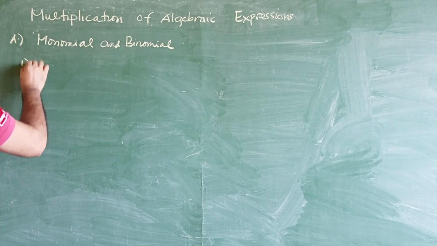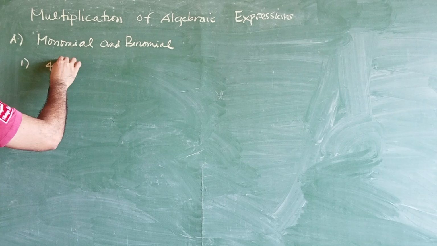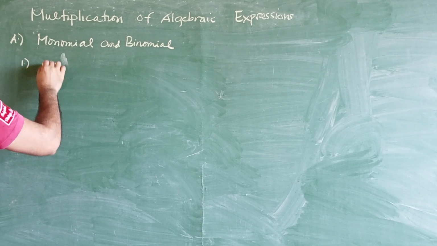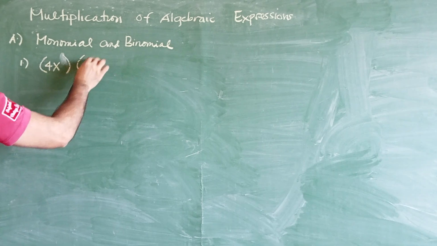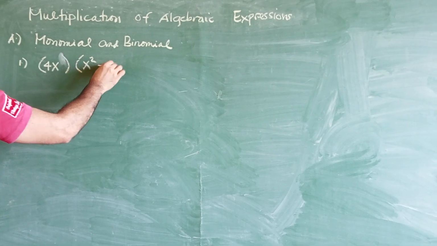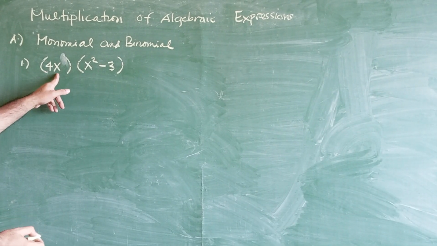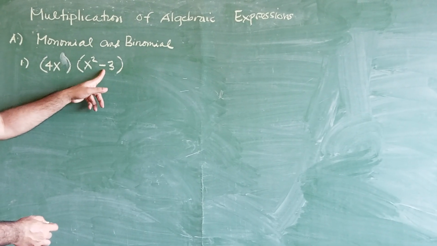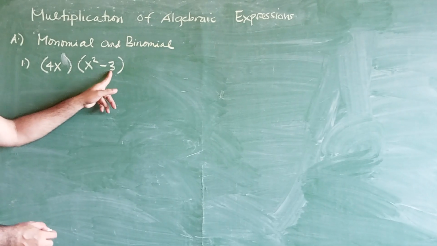For example, we have 4x times the quantity x squared minus 3. This is a monomial because of one term only, and this one is a binomial because it has two terms, the first term and the second term.